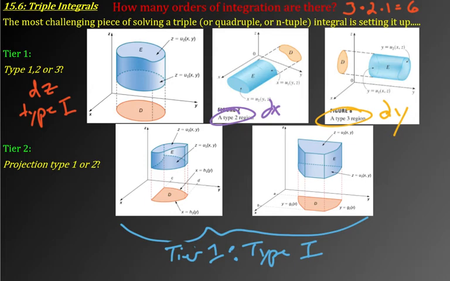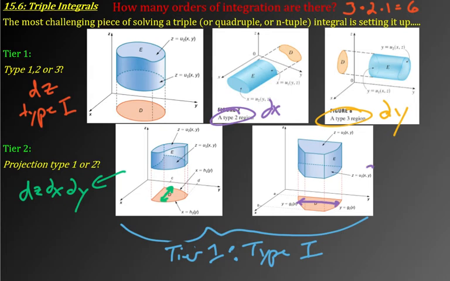This one you would want to integrate from here, trying to draw a nice small arrow, to here first, right? So this one would be z x y, and then this one you'd go the other way, from that to that first before you go in x.